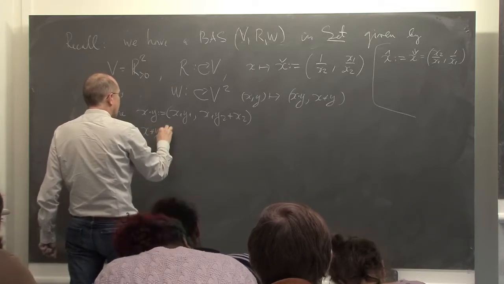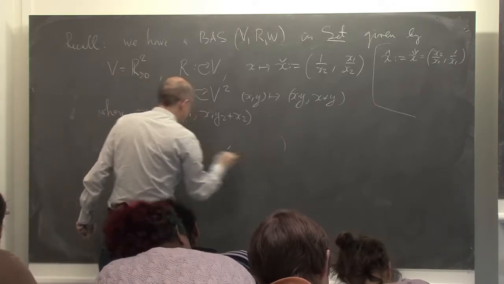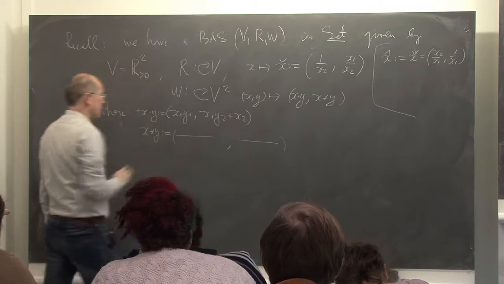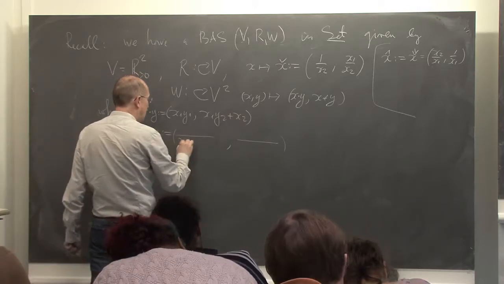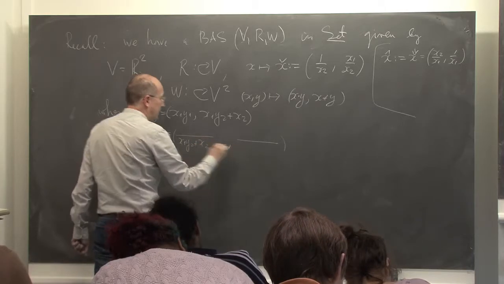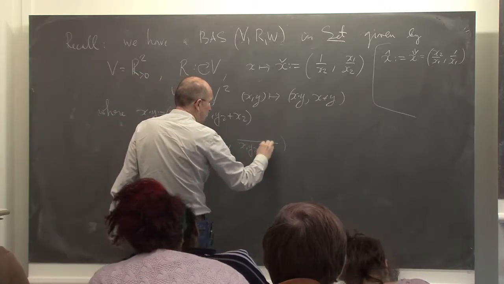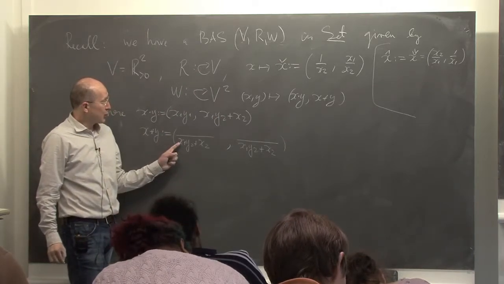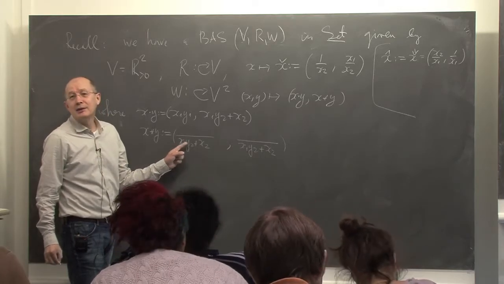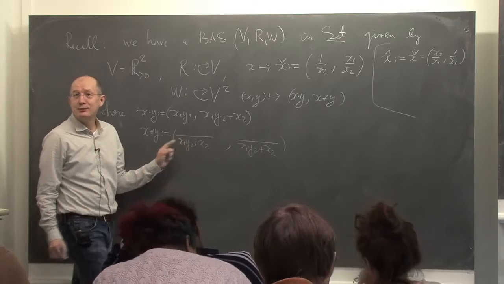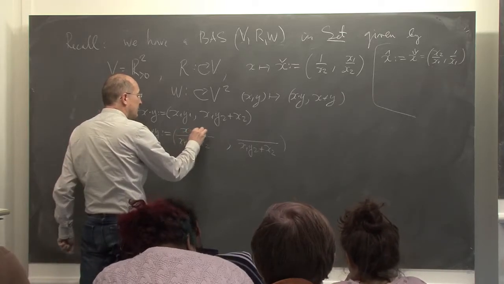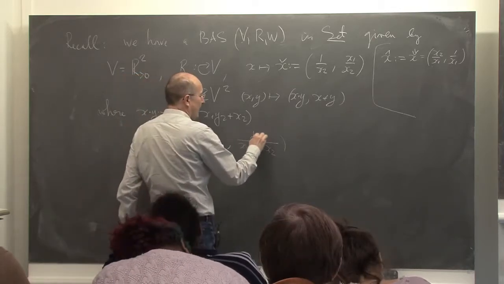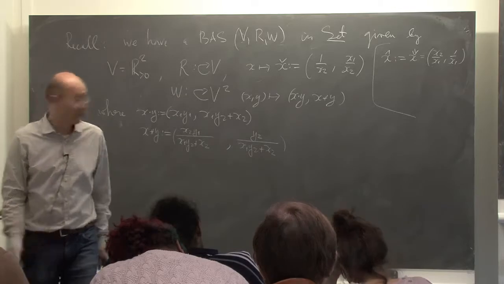And the x star y is a couple of fractions with one and the same denominator. The denominator is given by the second component in the x dot y. And the numerator is given for the first component by the product of x1 and y1, but the indices here are switched, so it is x2 y1, and here just y2 in the denominator. So that's the way I keep it, learned it by heart.